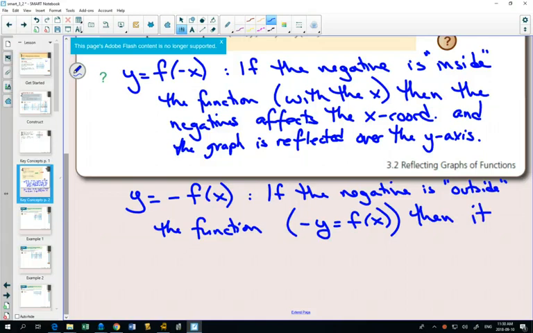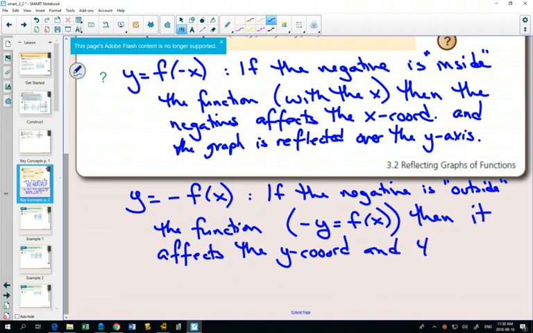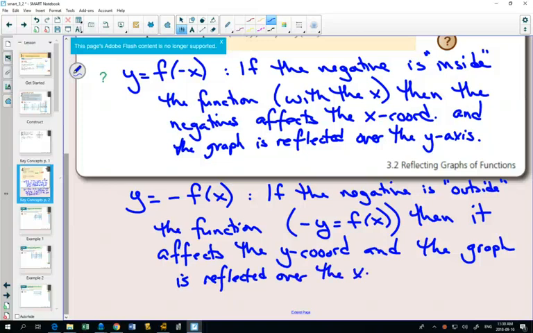So if the negative is outside the function, then it affects the y coordinate, and the graph is reflected over the x-axis.